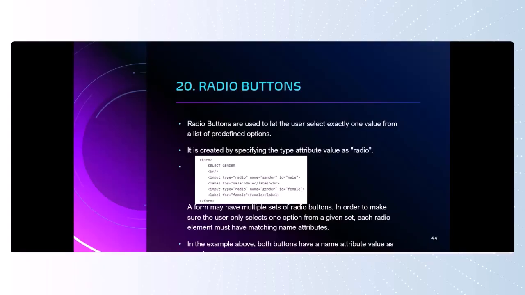So in this example, we have an input type of radio, the name is gender, and the label is male, and then we have another input type of radio, and the name is gender again. The first one, the ID was male, and the second one, the ID is female. So there you have the type radio, name gender, ID male, and type radio, name gender, ID female.